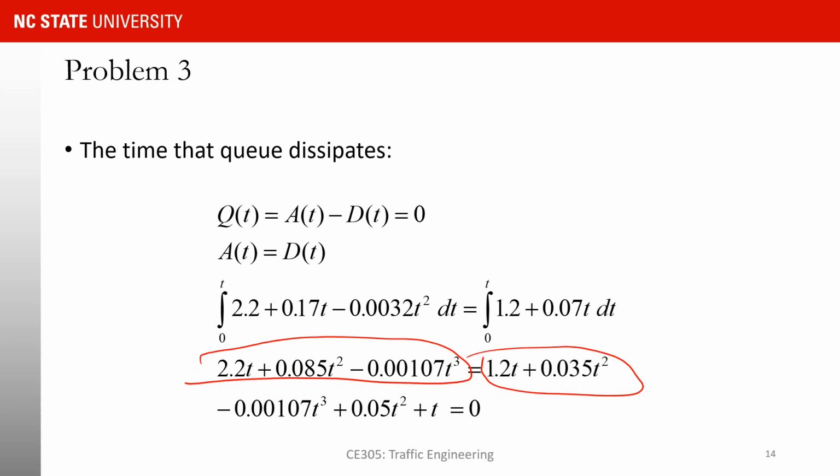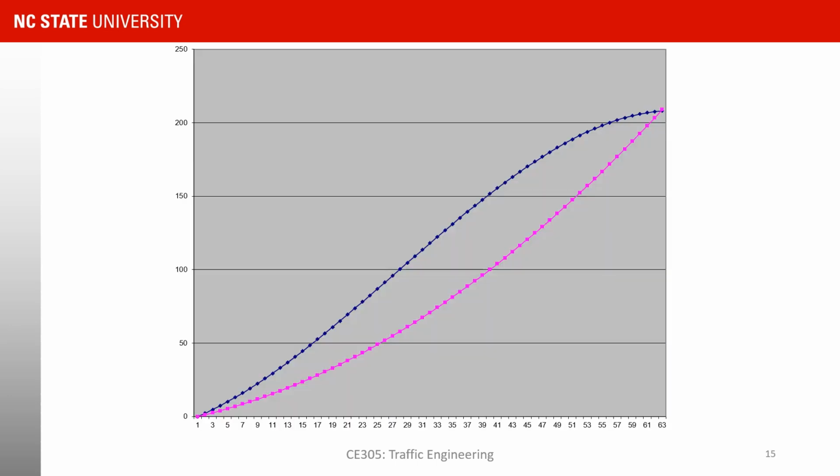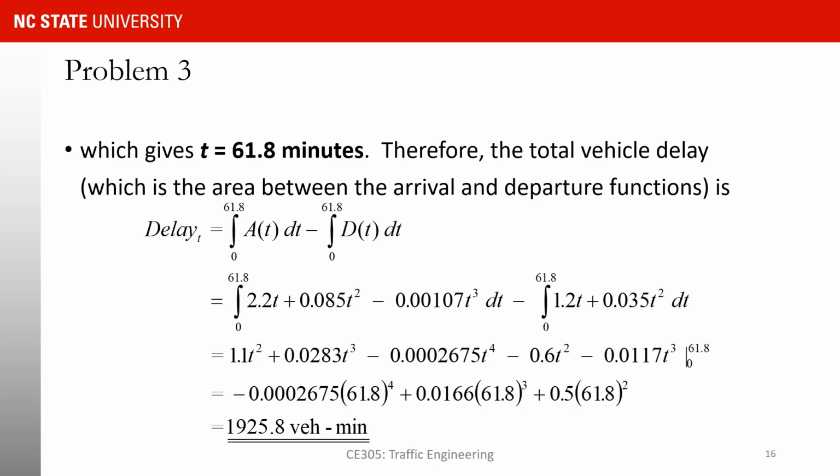So if you do that, you're going to have negative 0.00107 t cubed plus 0.05 t squared plus t equal to 0. This is the figure as it looks. And that is going to give you a t of 61.8 minutes. So that's the time at which Q is going to dissipate.